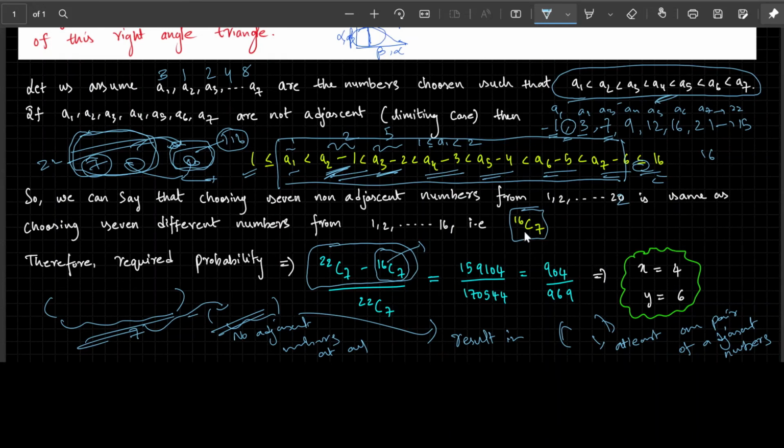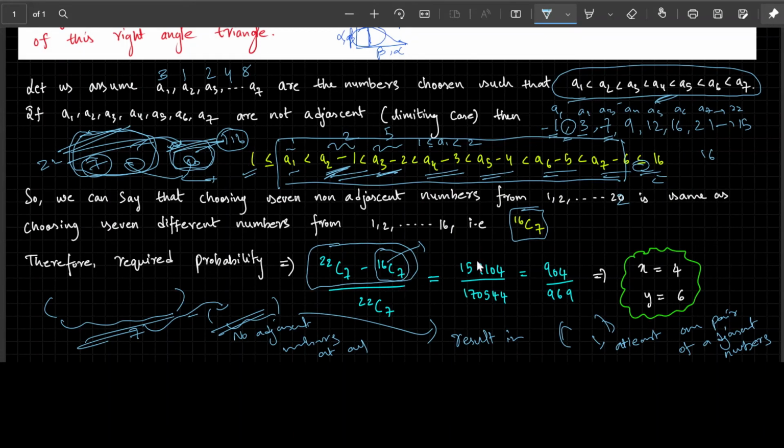Getting my point? So from the original set of 22 numbers, choosing 7 different numbers which are not adjacent at all is actually 16C7. That is, we have reduced this big problem to a small problem and we have solved it.